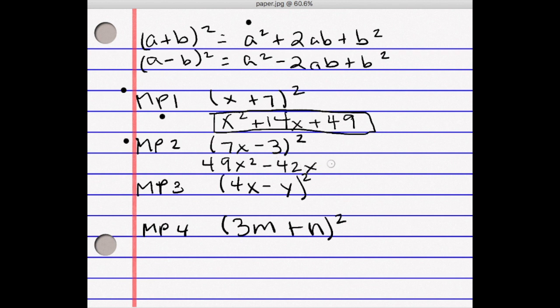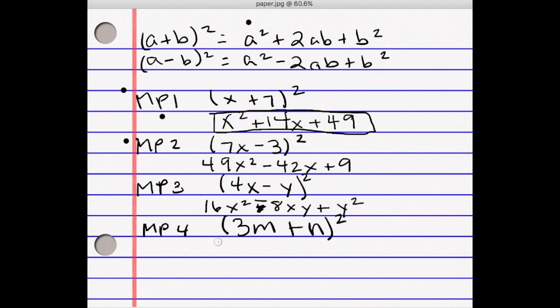Now square the last, negative 3 times negative 3, positive 9. Good job. Next, square this becomes 16x squared. Very good. Squeeze these together to make negative 4xy times 2 makes 8xy, and it's not positive, it's negative. I apologize. And negative y times negative y makes positive y squared.